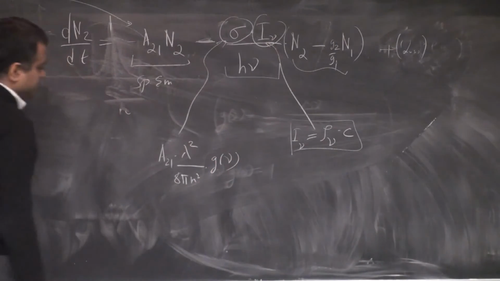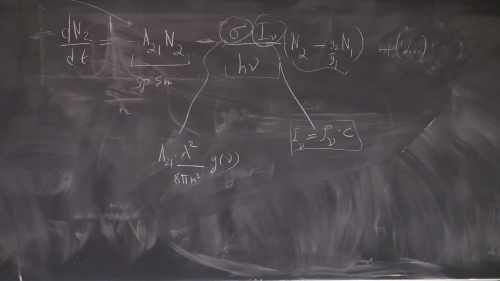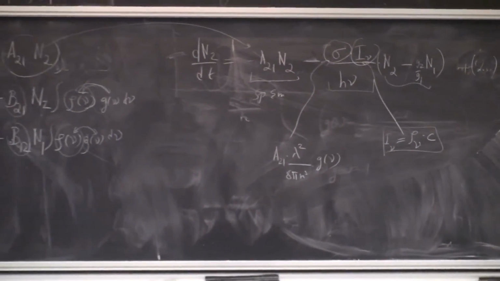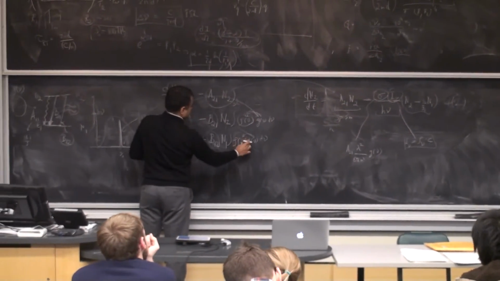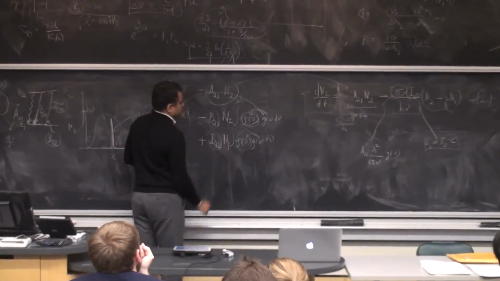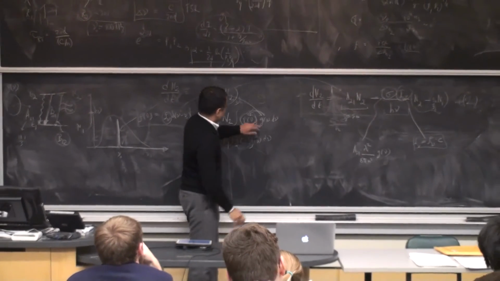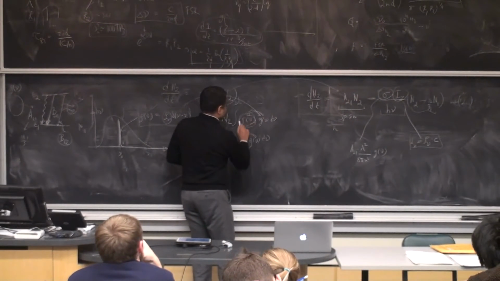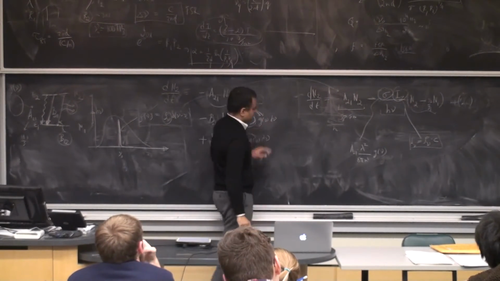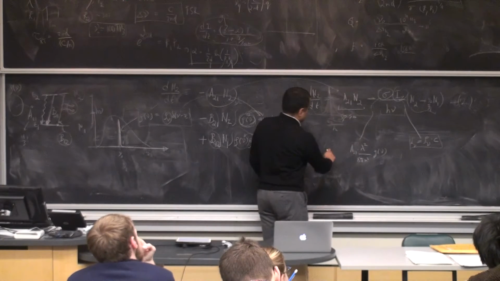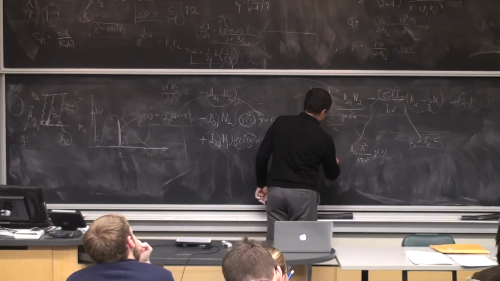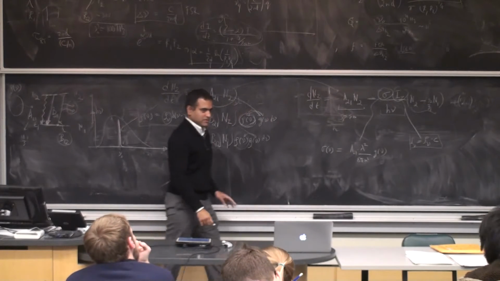If I choose a Dirac delta and plop it into the photon field, I'm left with the line shape, so that appears here. That's your absorption, or the gain cross section, just the cross section.